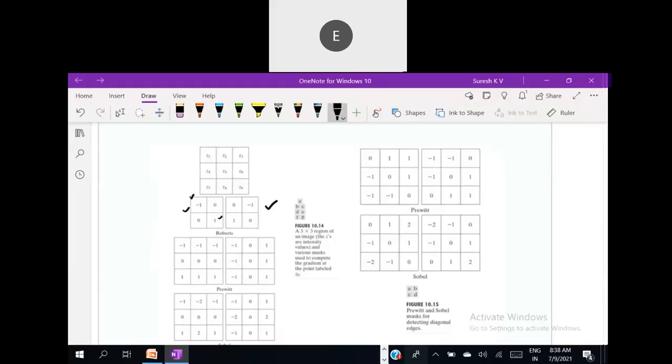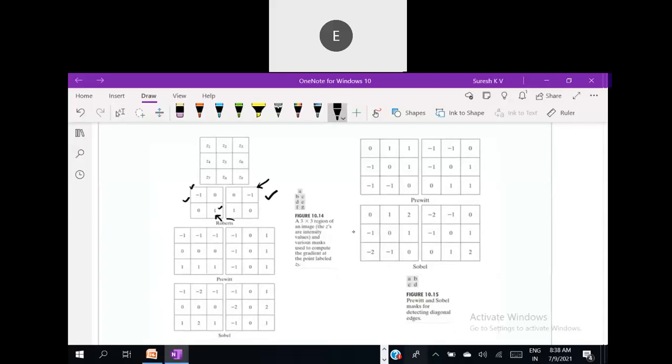An edge in this line, so it's a diagonal edge. This is also for a diagonal edge. Any change along the diagonal direction it will detect. Such types of operators are called Roberts operators. Please remember this. These two are Roberts operators.